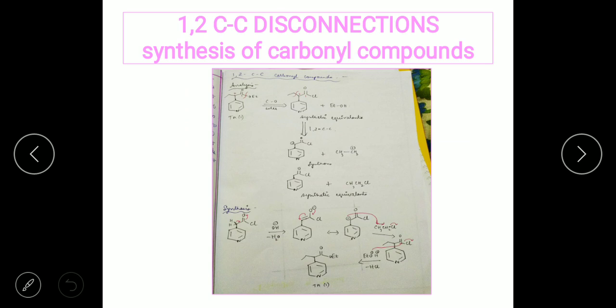Here we first disconnect between the carbonyl carbon and the oxygen. Once we do the disconnection, we write C-O ester. The synthetic equivalents would be an alcohol, ethanol (EtOH), and an acyl group, which is another synthetic equivalent.